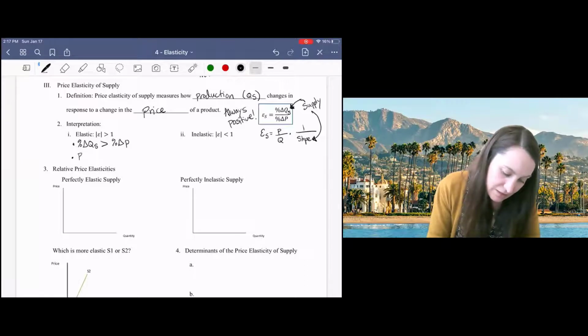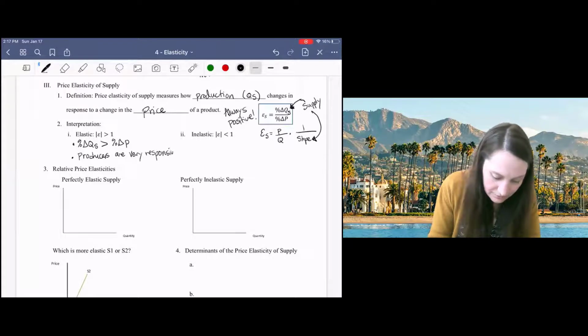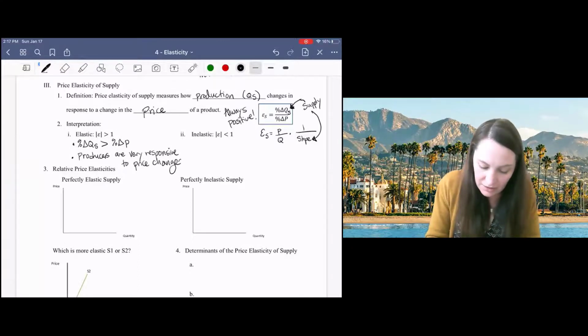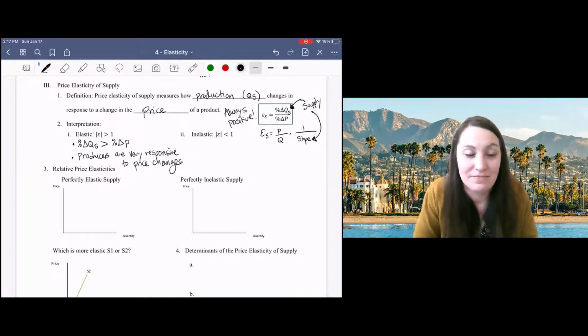And conceptually, that means that producers are very responsive to price changes. In response to the price change, they change their quantity supplied a lot.